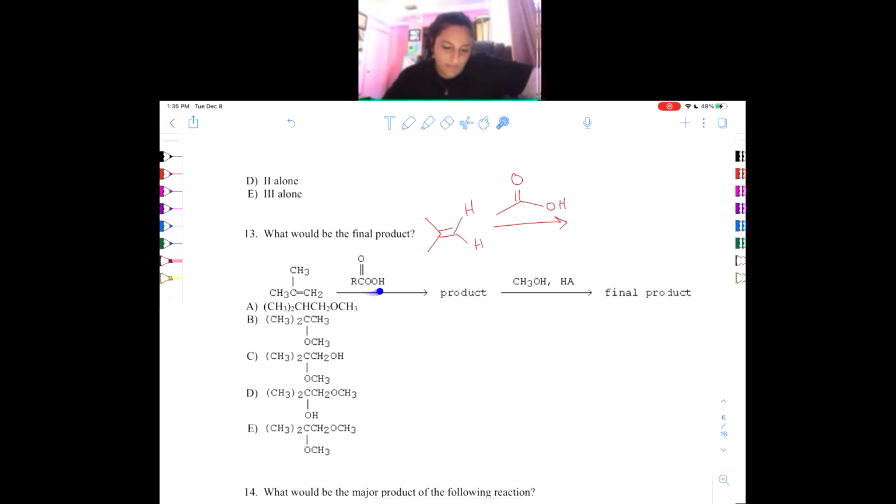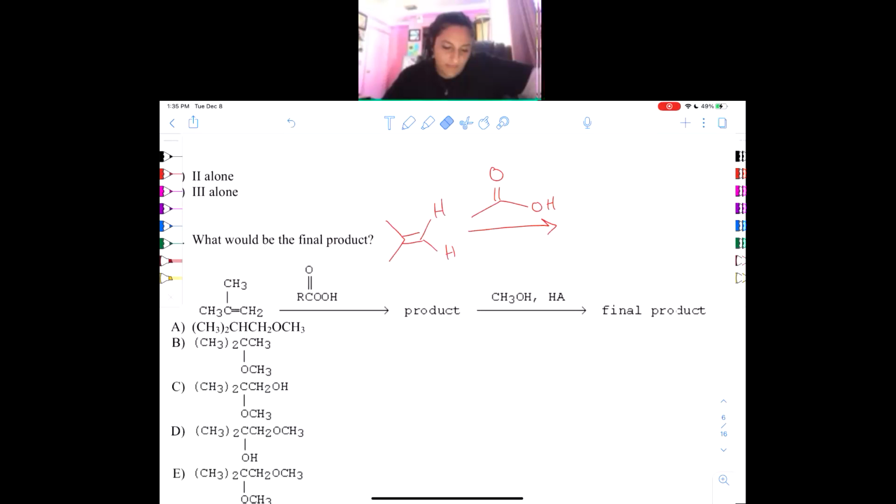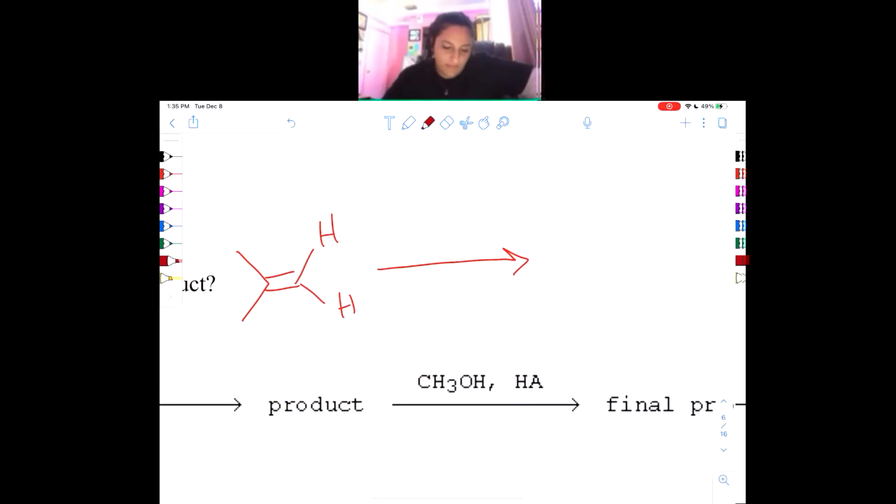Carboxylic acid. What did they give you here? Yes, we're missing an extra oxygen, and that changes the question entirely, and a lot of people make that mistake. So here, what they're giving you is not a carboxylic acid, they're giving you a peroxy acid.